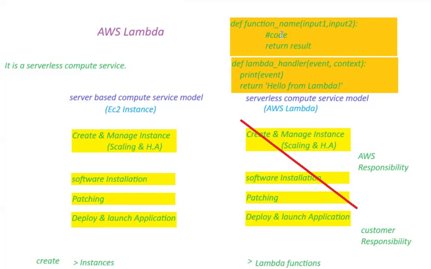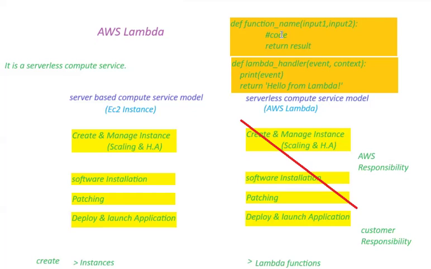If you want to access other services, you need to provide the permissions here itself by importing certain resources and libraries. You can create as many environment variables as you want here.